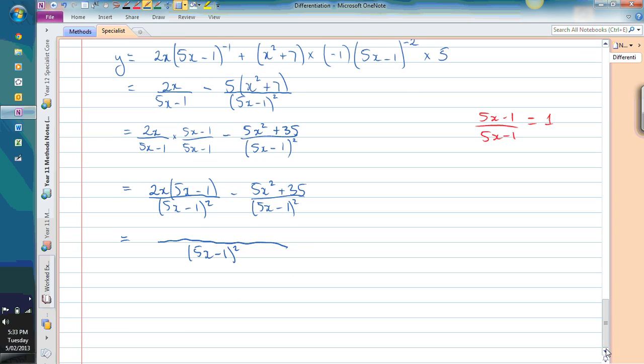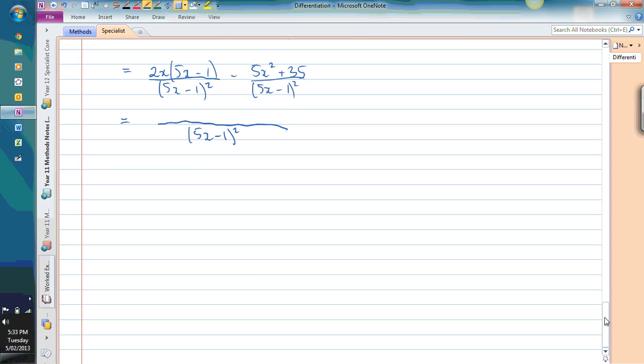I'll just scroll down here a little bit. On the left-hand side here, expanding, I get 10x squared minus 2x. Right-hand side here, remember this negative sign has to apply to both terms, so I get minus 5x squared minus 35.